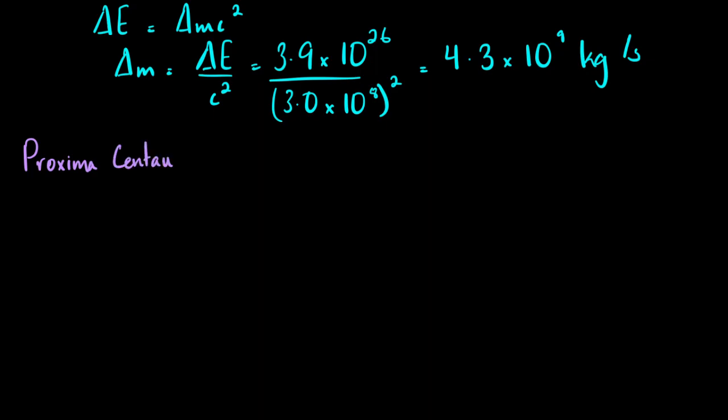As compared to how close the Sun is to us, this is 250,000 times the distance. So the distance of Earth from this star is 250,000 times the distance of Earth from the Sun, right? So this is how far the next closest star after the Sun is to us.